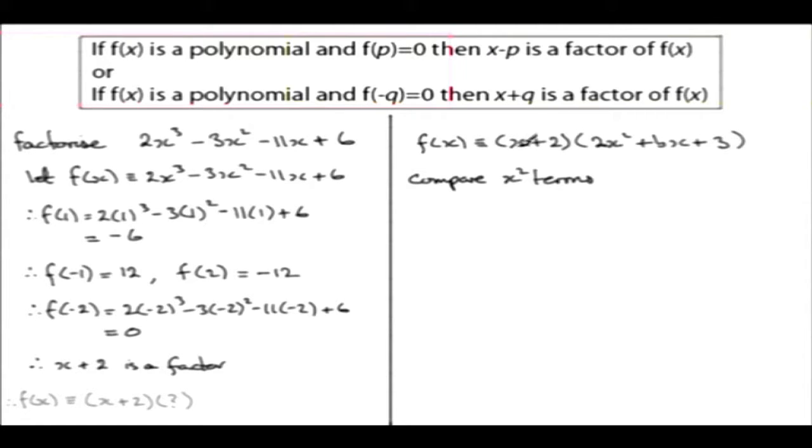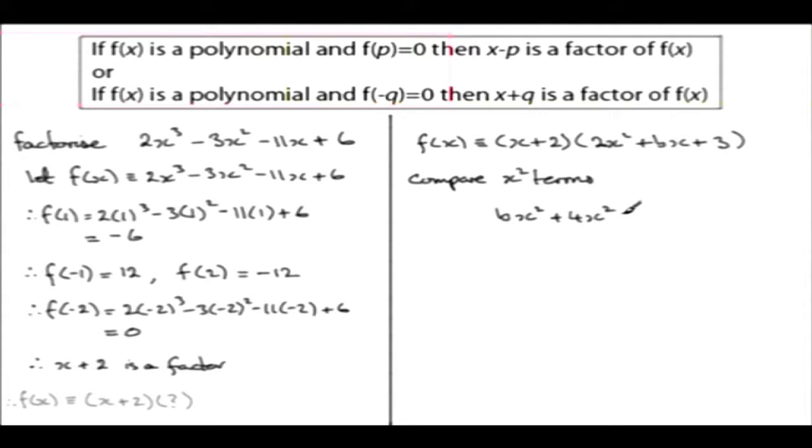So we'd have bx squared. When we do x times the 3, well, that's going to be an x term, so we don't want that. Now when we do the 2 times the 2x squared here, that's going to give 4x squared. So that's an x squared term, so we're going to have plus 4x squared. But that's the only other x squared term, because 2 times bx would be an x term and 2 times the 3 would be a constant.